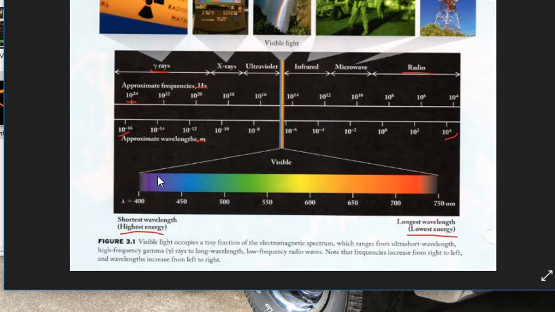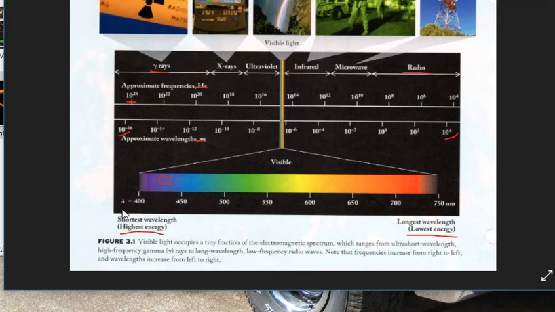Over here where we start getting into the blue and violet, this is where Blu-ray players are, and their wavelength is between 400 to 450 nanometers. Again, it's on the more powerful, the higher energy spectrum of light. That's where you start getting better definition pictures, you start getting better sound quality.